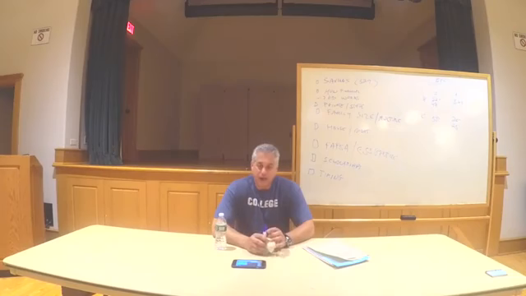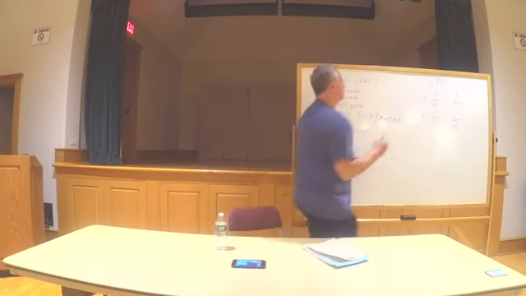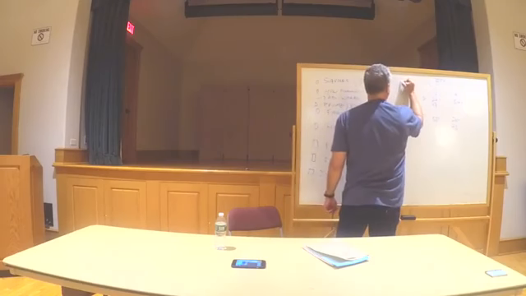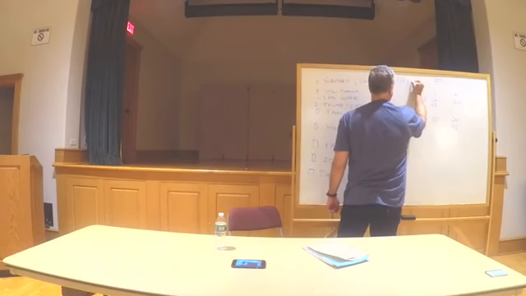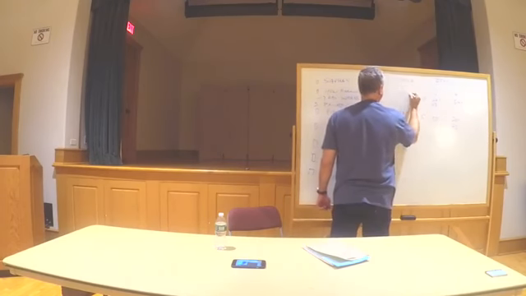And on the FAFSA, and we're going to talk about the two forms, it's slightly different than on the CSS Profile, which is the other form. Maybe I'll do that now. Every college in the country, remember there's 4,000, takes a FAFSA.